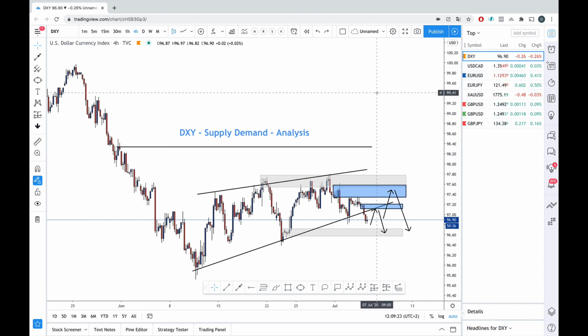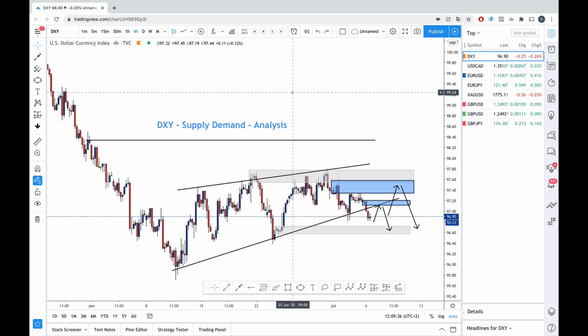So I'm using this analysis to find additional confirmations for my trading setups, and it works pretty well. You can also use GBPUSD or even gold. But very important is that you see it as an additional confirmation and not as the number one reason why you're going to take this trade.